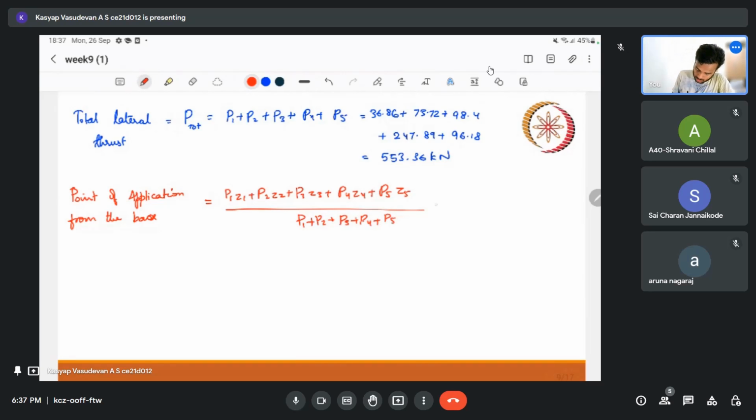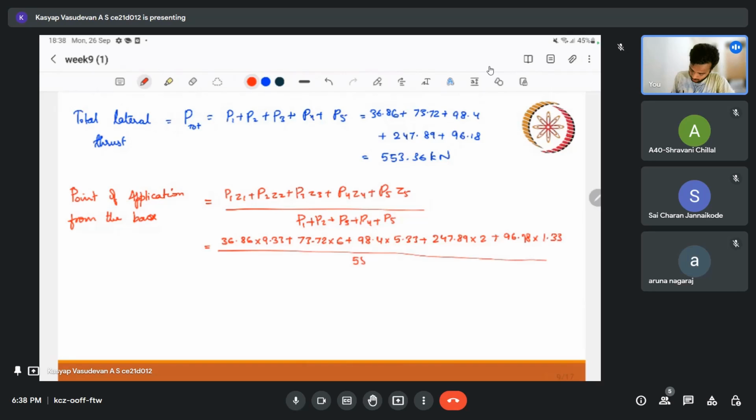So this value will be 36.86 into 9.33 plus 73.72 into 6 plus 98.4 into 5.33 plus 247.89 into 2 plus 96.18 into 1.33, divided by the total force.